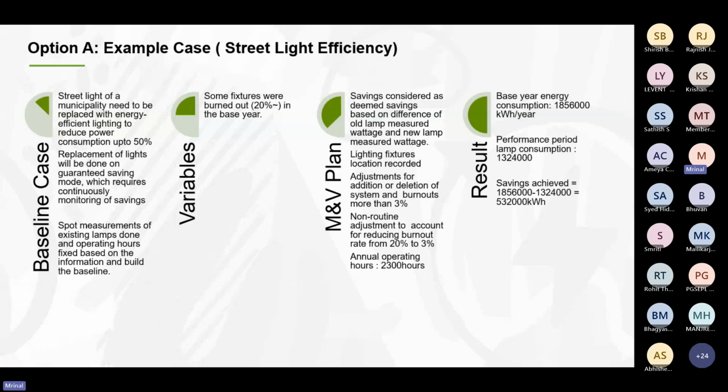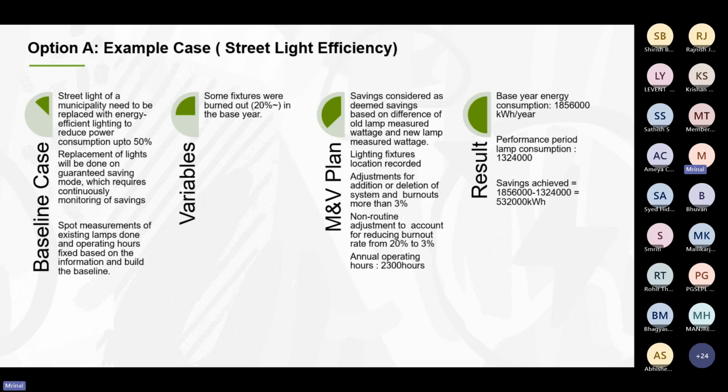The baseline case is that they want to replace it with new lights, and they want to do a spot measurement of the existing lamps, and also fix the operating hours based on the information collected through the baseline. While doing the baseline, they found that some of the fixtures were burnt out, which is around 20% in the baseline year.